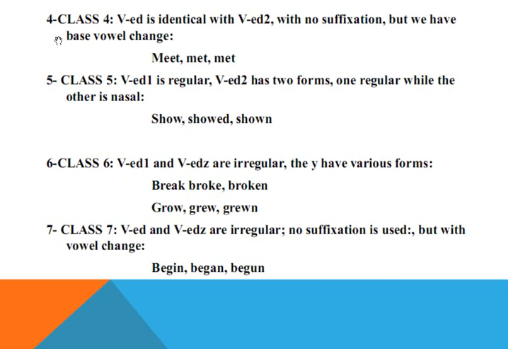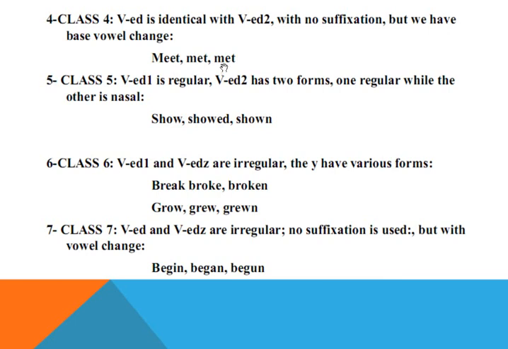In the fourth class of the irregular lexical verbs, the VED1 is similar to the VED2. However, there is no suffixation, but we do have a change in the base vowel. So meet is met in the past tense and met in the past participle.